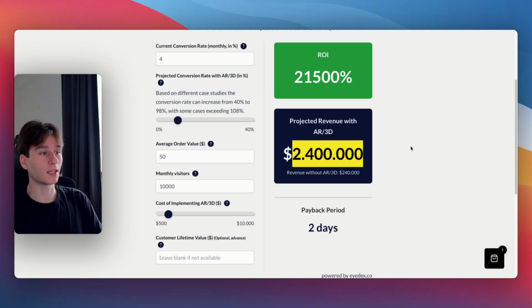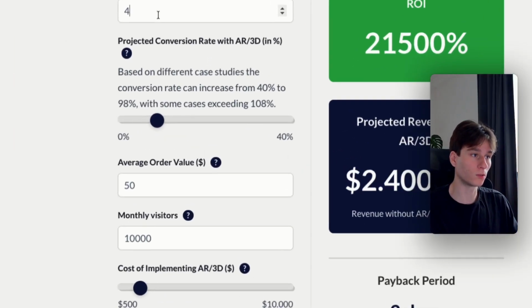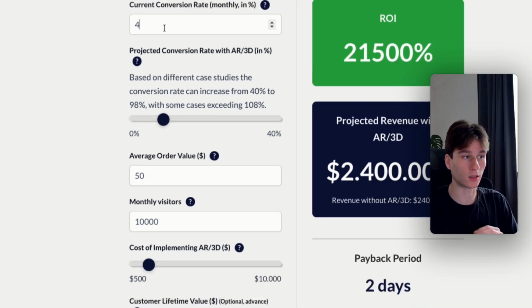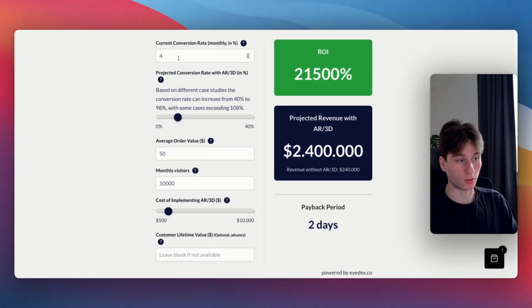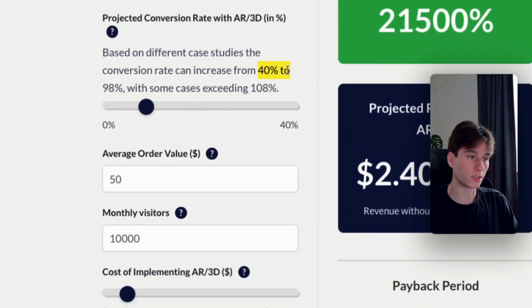So let's say you have an e-commerce store whose current conversion rate is 4%, which is actually very good. And usually, when installing 3D experiences like augmented reality and 3D configurators, studies show it brings you 40% more in conversion rate.